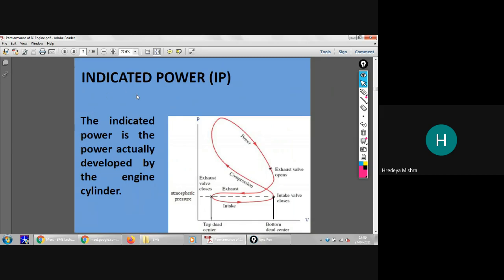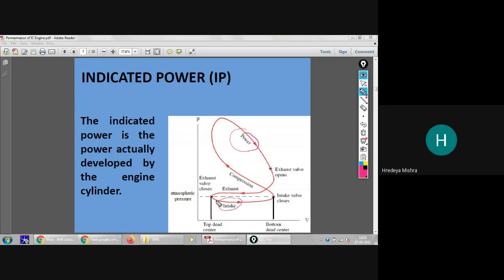Now, indicated power, IP. What is IP? The indicated power is the power actually developed in the engine cylinder. See here, this is your power stroke, this is your intake stroke.